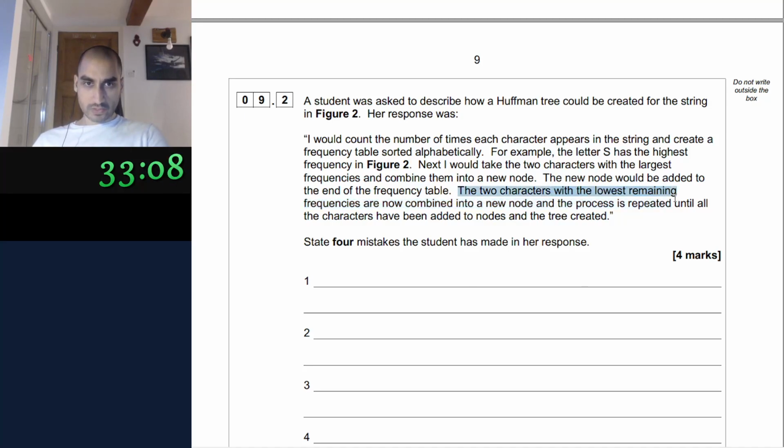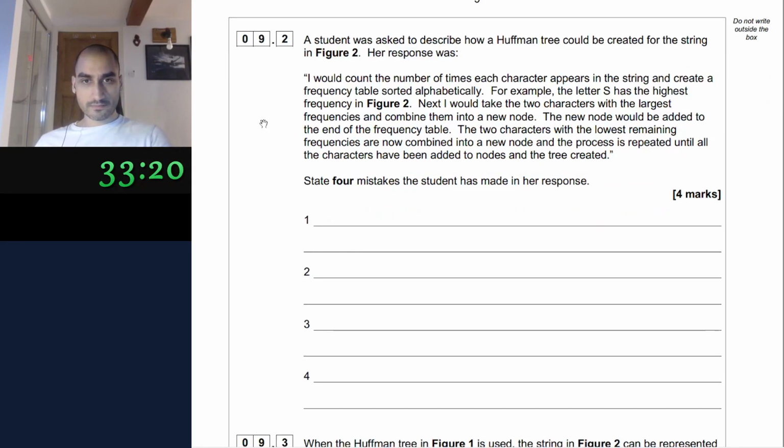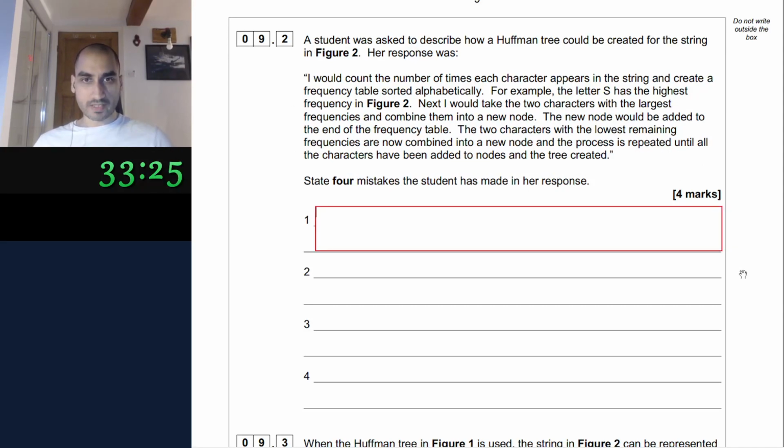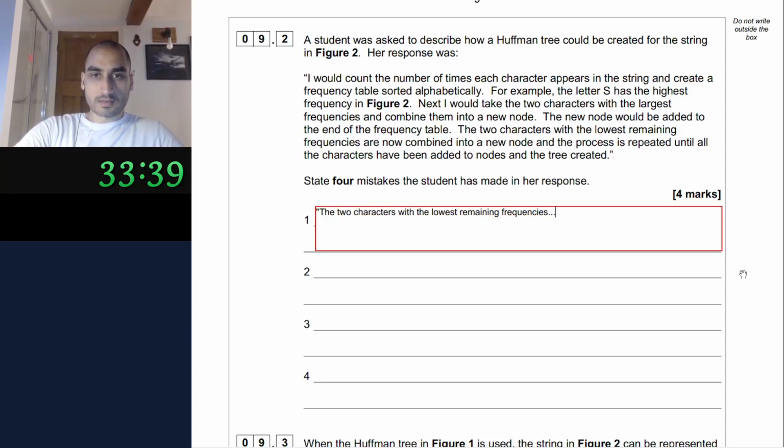The two characters with the lowest remaining frequencies. Ah, but she's ignoring the S and the SP. Okay, that's one mistake. The two characters with the lowest remaining frequencies. Incorrect.